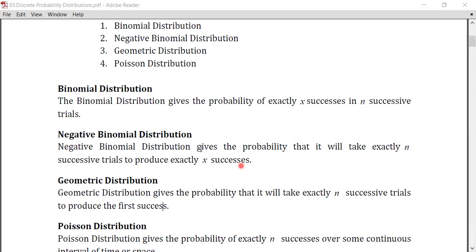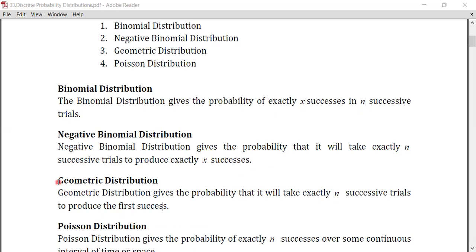If you compare the binomial distribution with the negative binomial, in the binomial distribution we have n trials, and among these n trials we count how many successes there were, denoted by x. But in the negative binomial distribution, until we get x number of successes, we count how many trials we need.